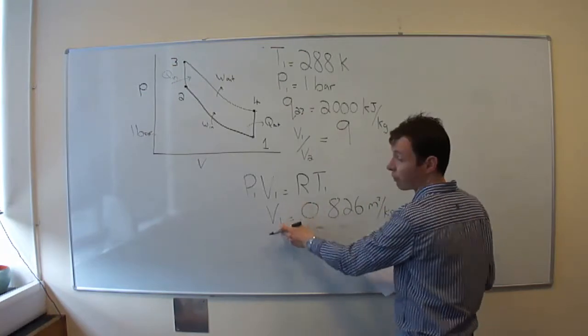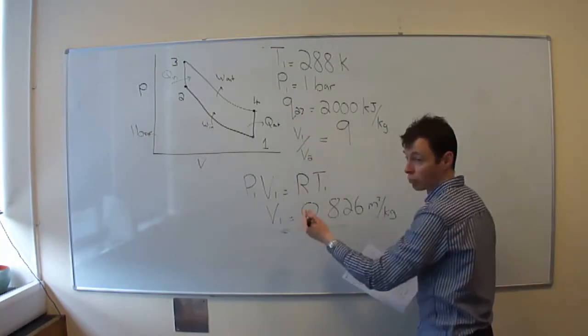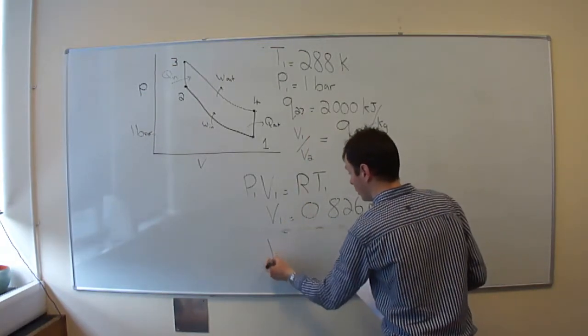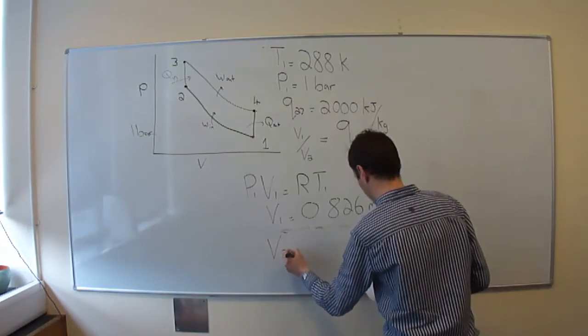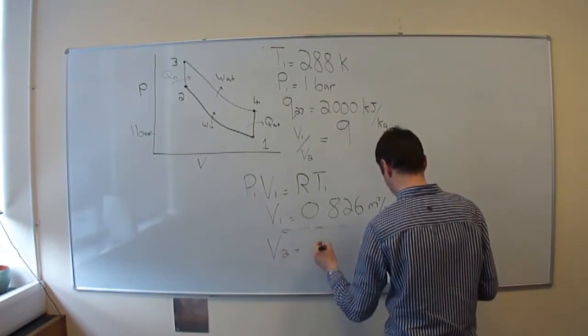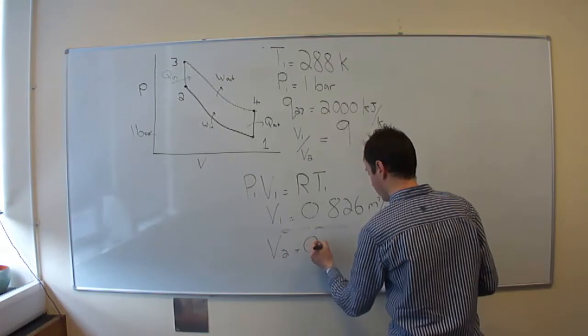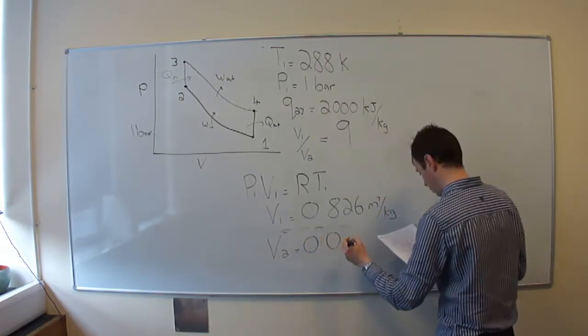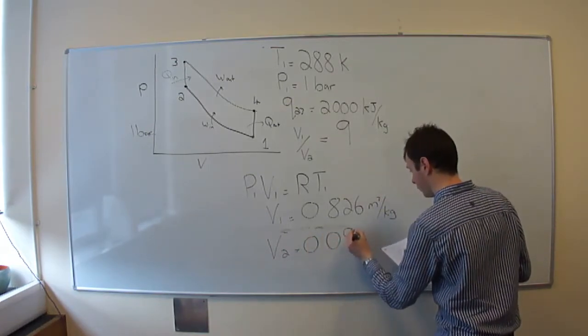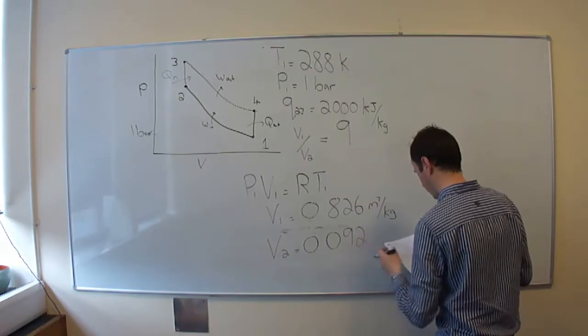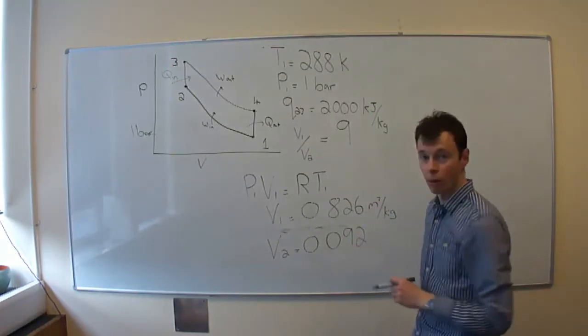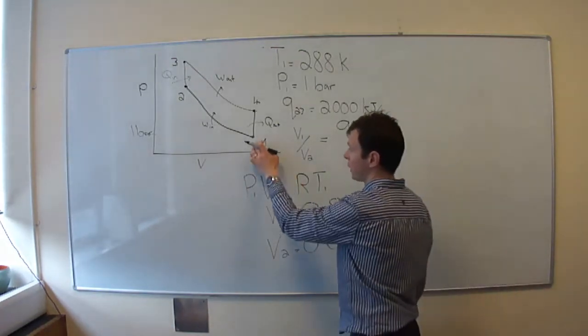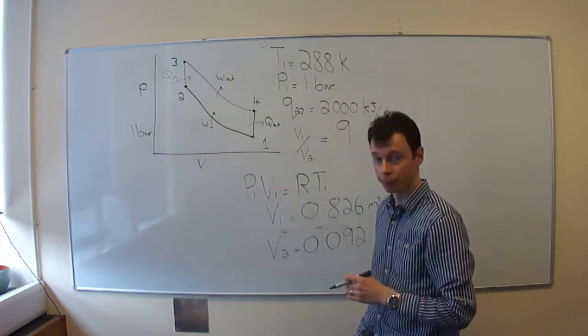And then we can obviously work out V2 from this ratio. Right, so now we have all the properties of state at point 1.